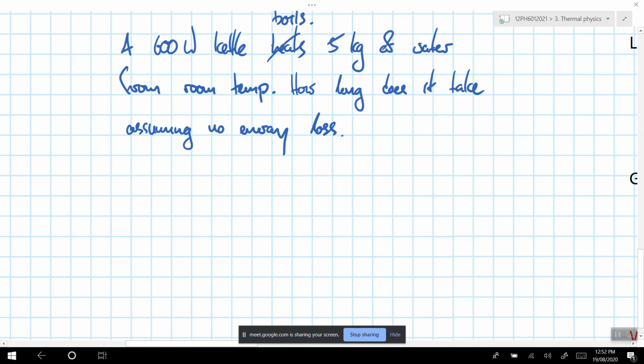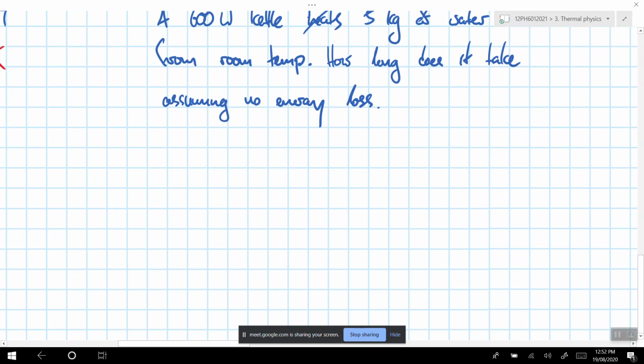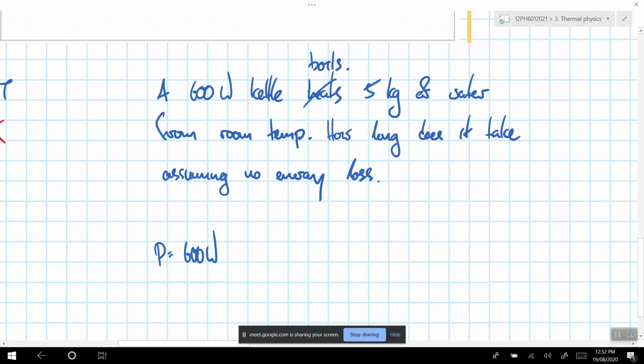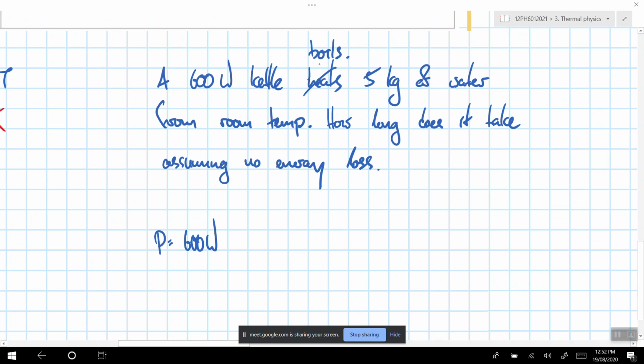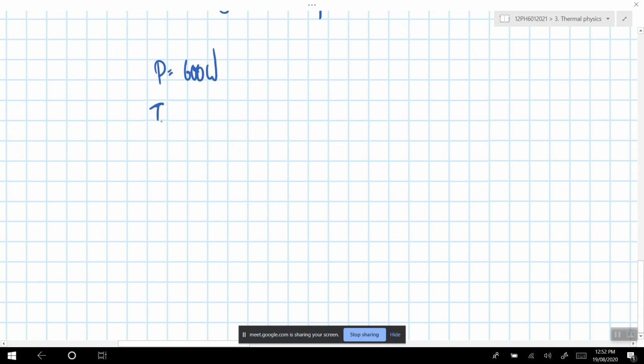Okay, so that would be a fairly standard sort of a question. And the way that I would approach this is that we extract information from the question. So we've got 600 watts. So power is equal to 600, blah, blah, blah, boils. Okay, so if it's boiling and it's water, we know something about the final temperature. Let's just leave it in degrees Celsius for the time being.